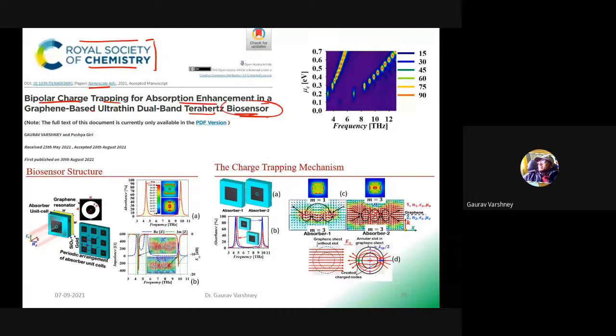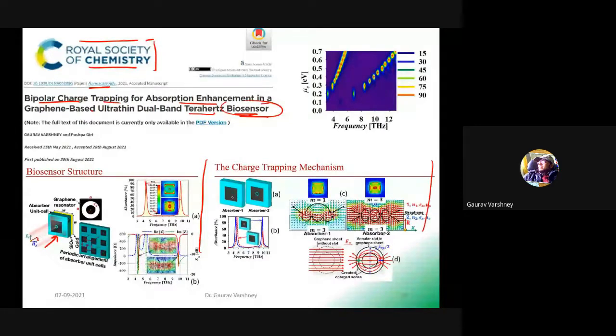Here we developed a graphene-based dual-band absorber, which was utilized in malaria detection in blood and glucose detection in water, and some specific physics was used to enhance the absorption.